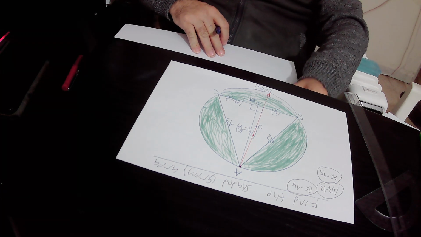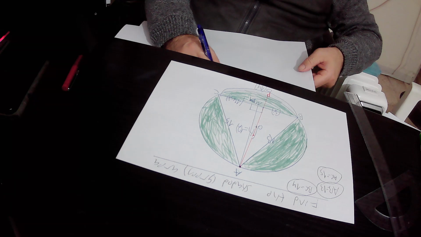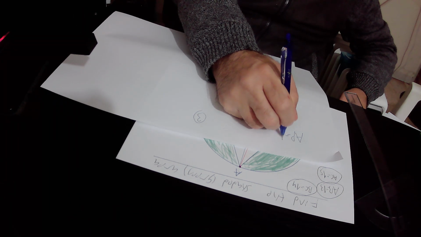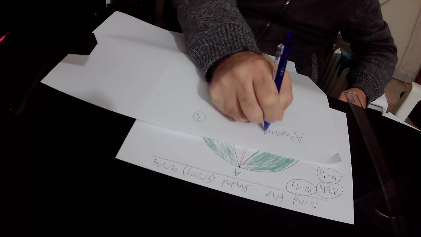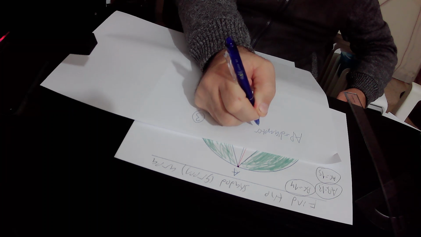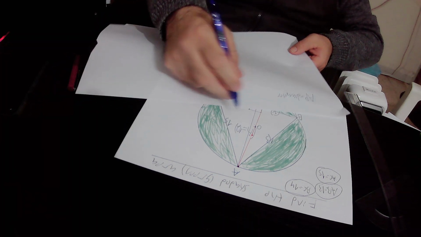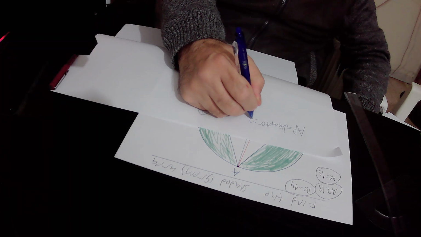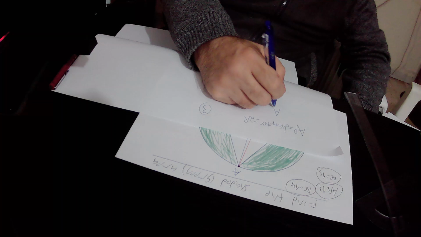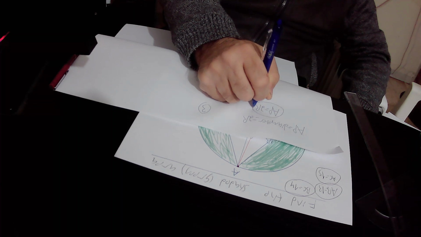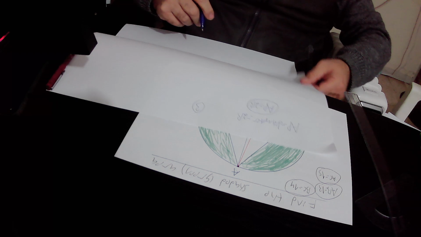You know that the diameter of the circle equals 2 times the radius. If the radius of this circle is capital R, then the diameter must be equal to 2 times capital R. So AP equals 2R.